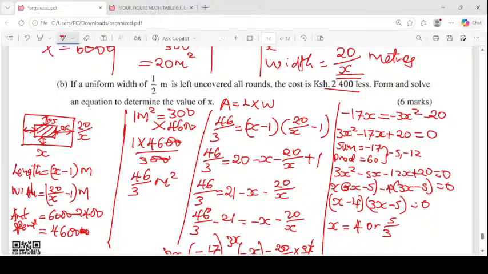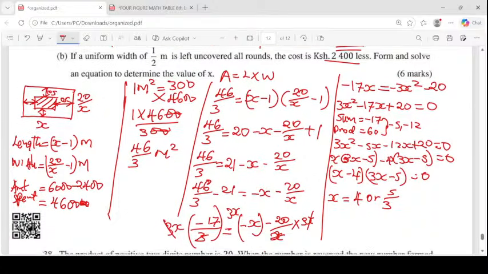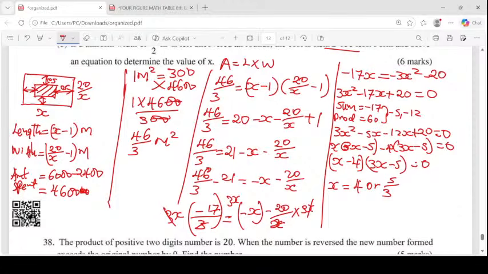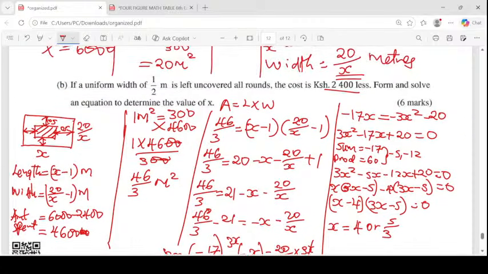The length, I had it as x minus 1. The original width was 20 over 3. When I subtract 1, I had 20 over x minus 1. Then I multiplied to get the area. X minus 1, then that one.